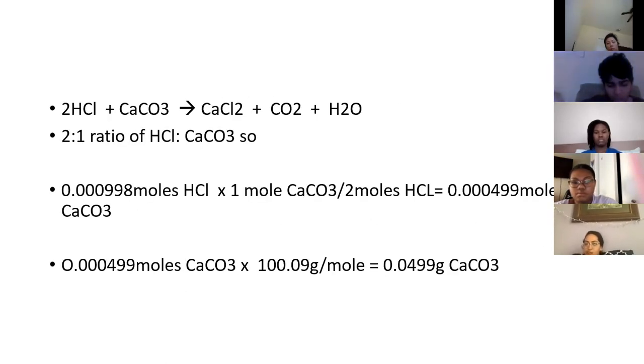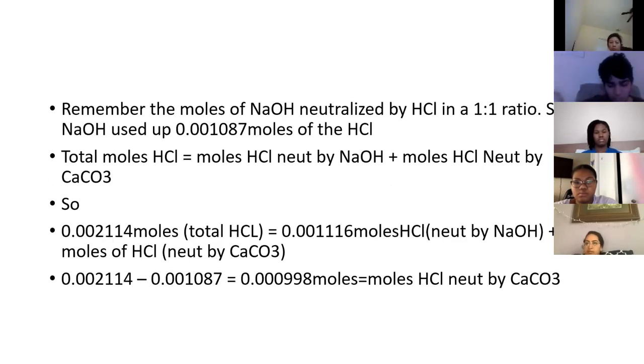So I do that subtraction. I take my total moles of HCl, and you have to understand that that's equal to my moles neutralized by NaOH and my moles neutralized by CaCO3. So when I subtract them, the number I get is the moles of HCl neutralized by calcium carbonate. Now the second trick.